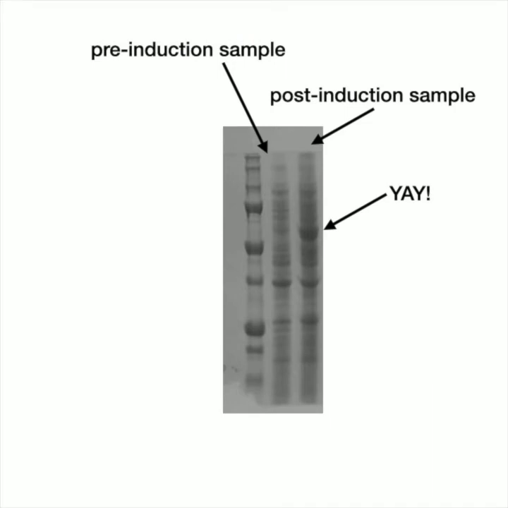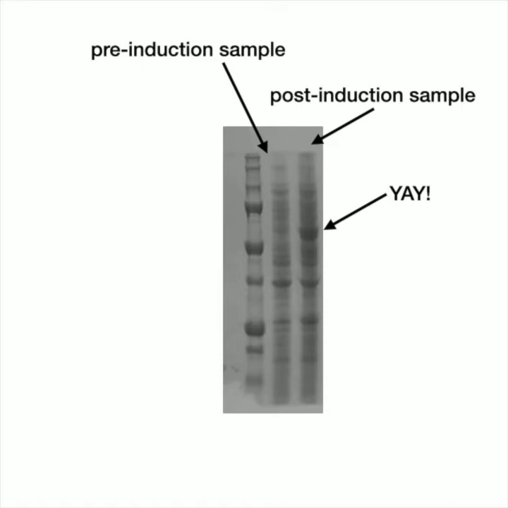So with any purification, assuming that you're not in the inclusion bodies, the first step is to make sure that your protein is actually being expressed. To do this, typically you take a pre-induction sample. So you take a bit of that bacterial culture before you add the IPTG.